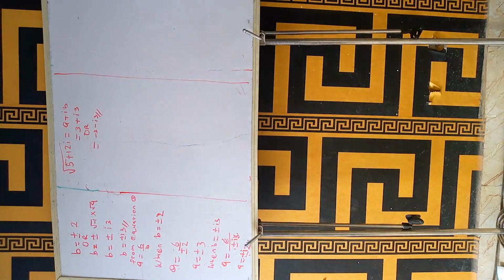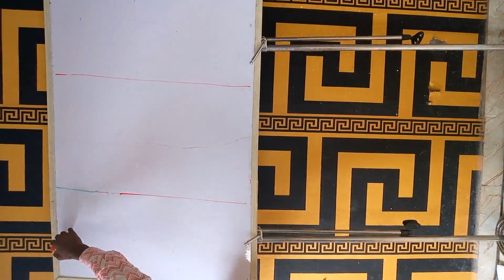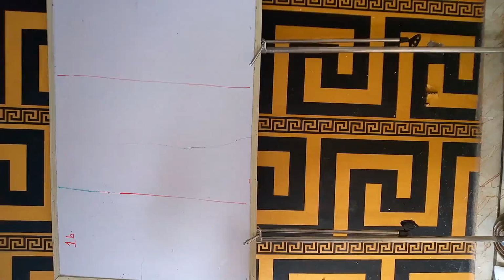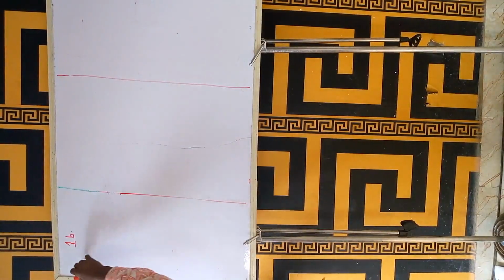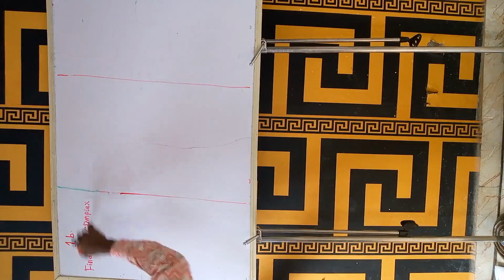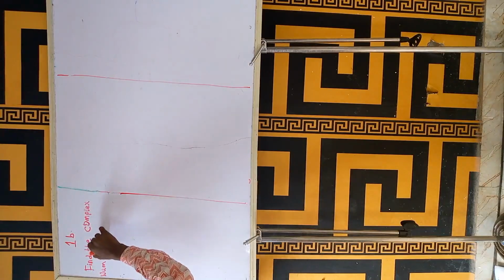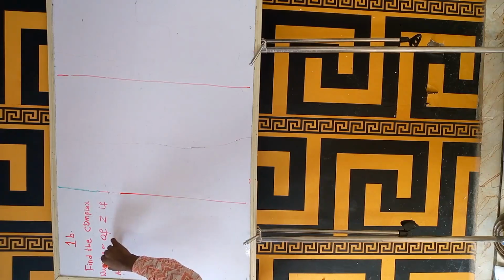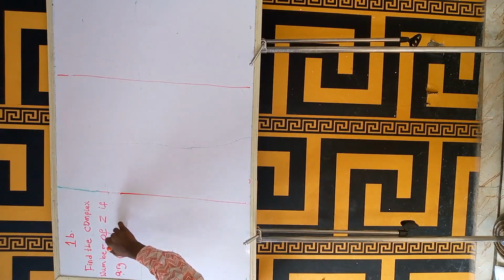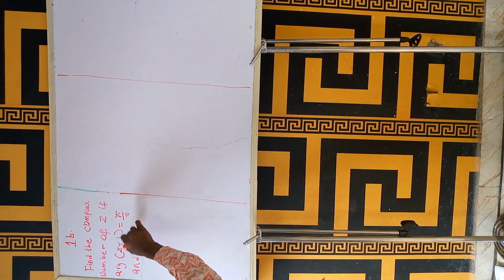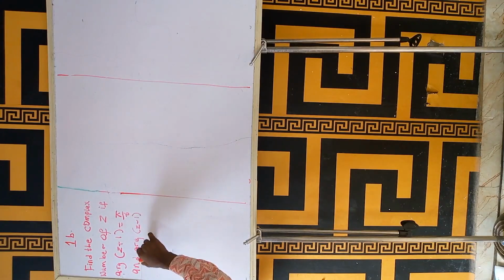Let's move to the next question. Now, you were told to find the complex number Z if the argument of (Z plus 1) equals pi over 6 and the argument of (Z minus 1) equals 2 pi over 3.